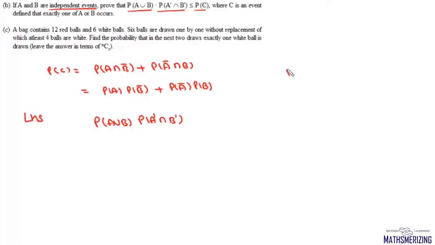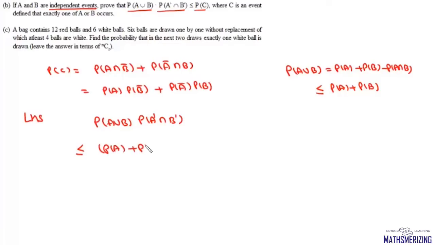Now we know that probability of A union B is probability of A plus probability of B minus probability of A intersection B. So this probability of A union B will always be less than or equal to probability of A plus probability of B. So we can write this probability of A union B will be less than or equal to PA plus PB, and here since A and B they are independent, we can write this as probability of A naught into probability of B naught.